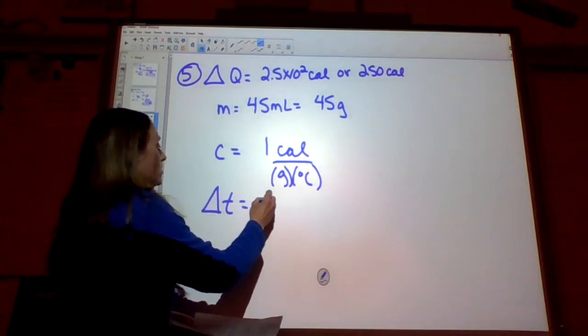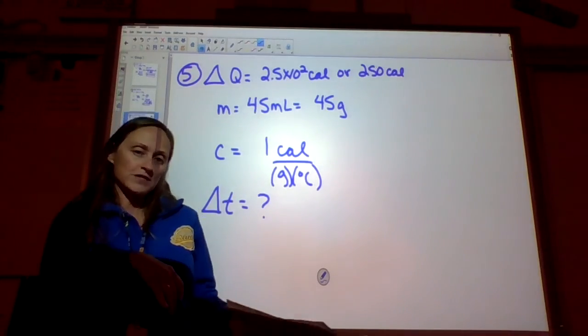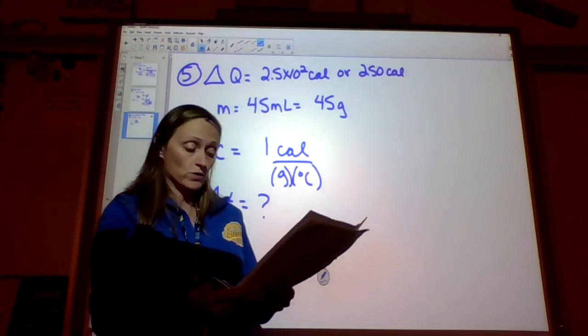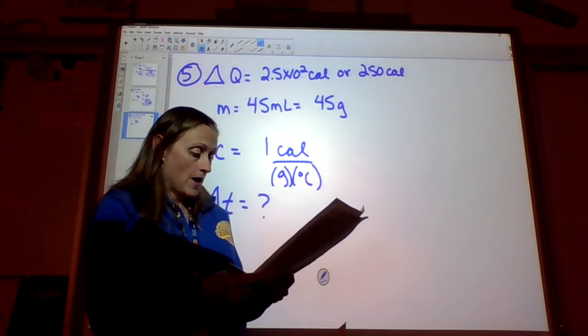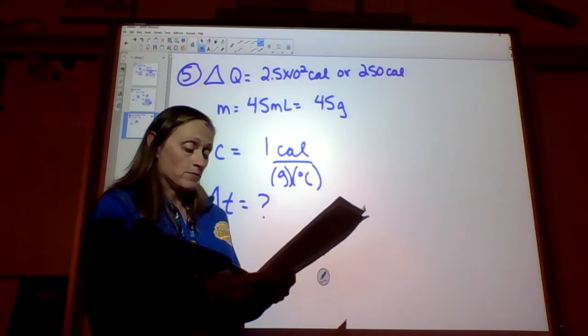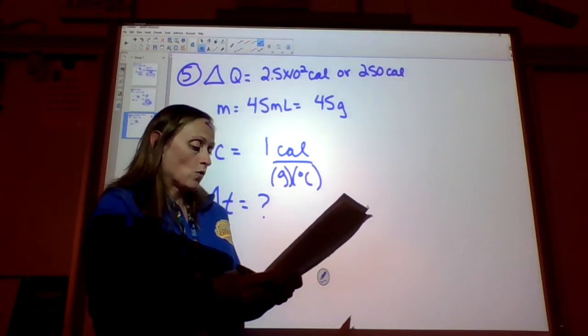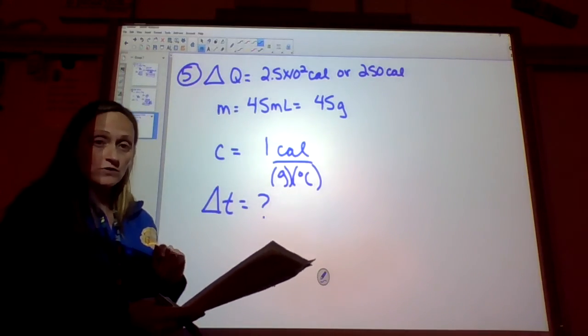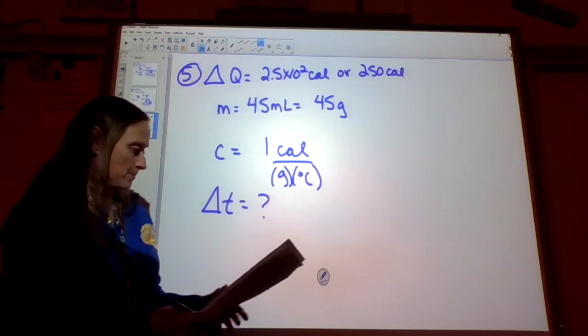We're going to find our change in temperature, and then we'll use that because I know we're given 15.4 degrees Celsius, but that is our beginning temperature. It's asking what the final temperature is, so we don't want to put 15.4 here. So number 5 actually has another step in it.